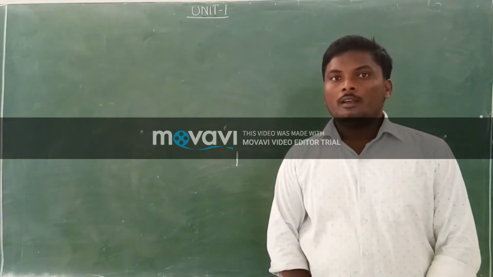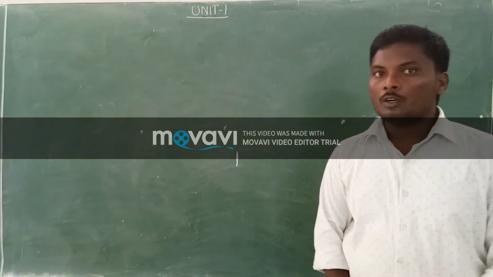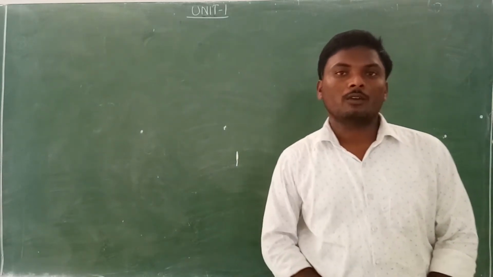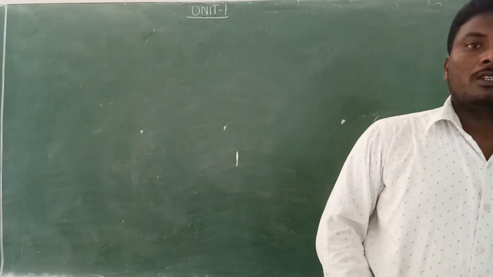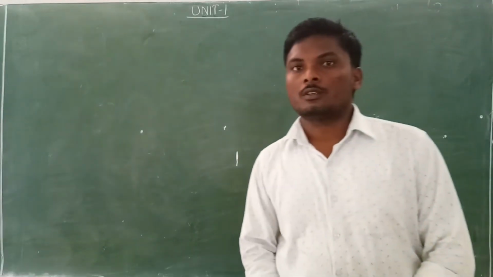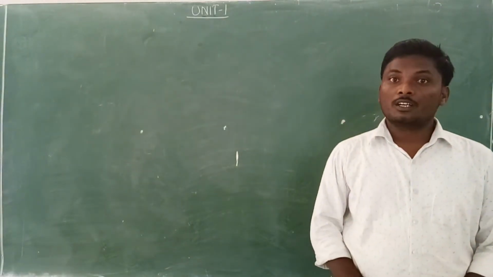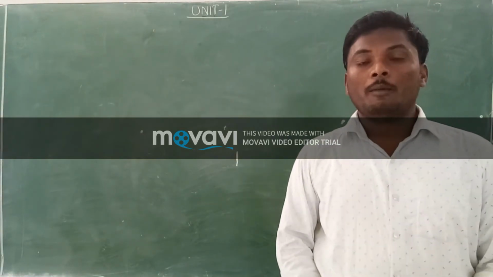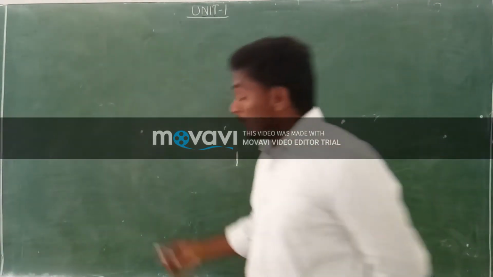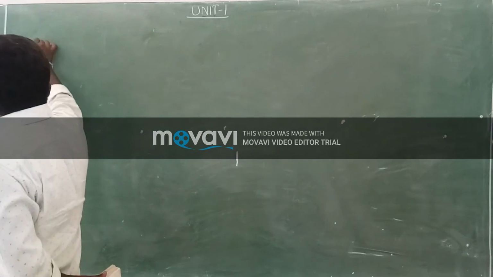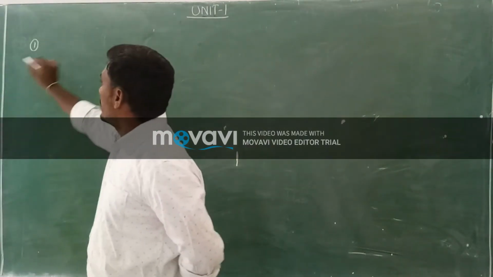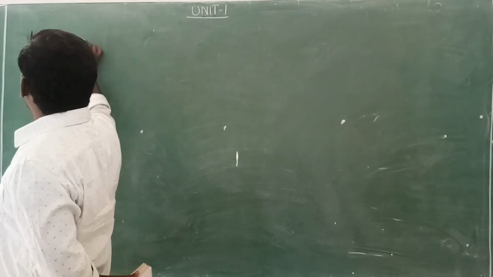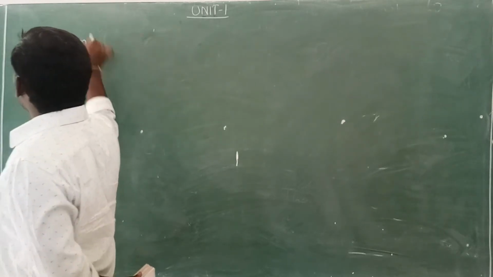And today in this lecture I would like to explain our first unit. Before entering the first unit, I would like to explain the objectives required for this course. The objective of this course is introducing the concept of electric and magnetic fields and their applications. Objective number one is introducing the concept of electric field and magnetic field.